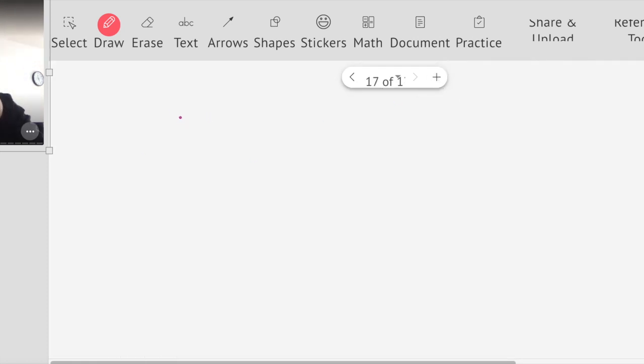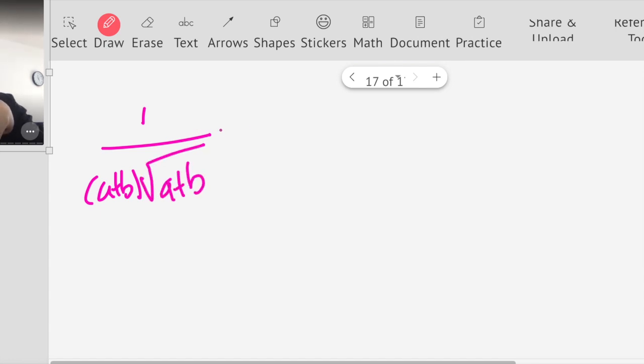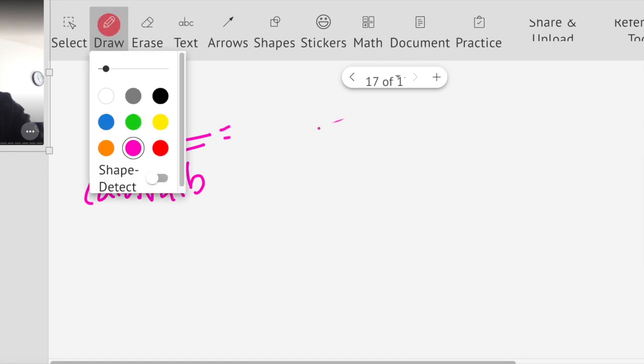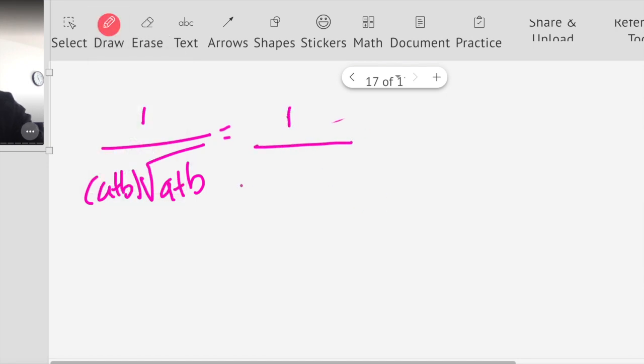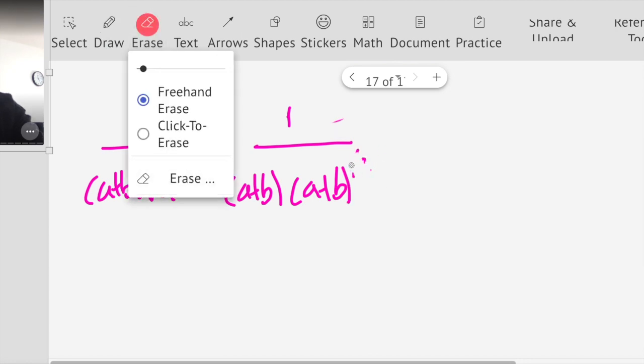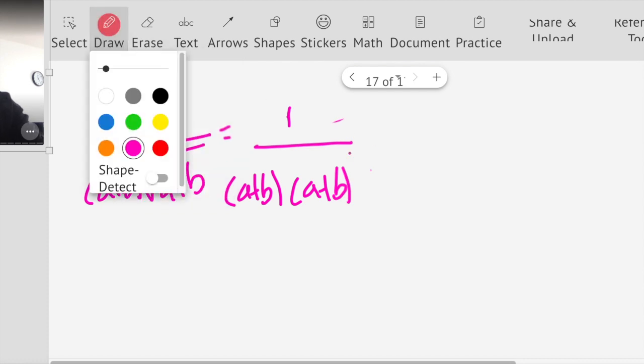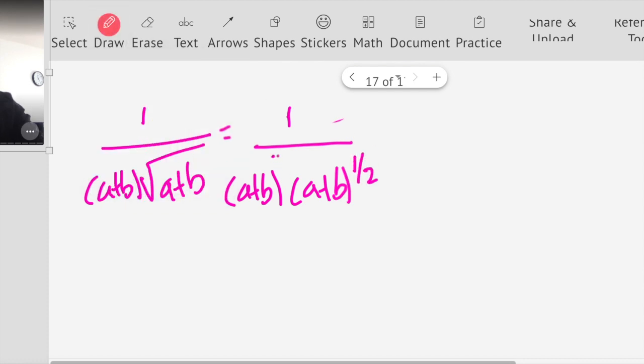Let's see, we have 1 over a plus b times the square root of a plus b. So let's write this in index form. A plus b times a plus b to the 1/2. This is 2 over 2, right?